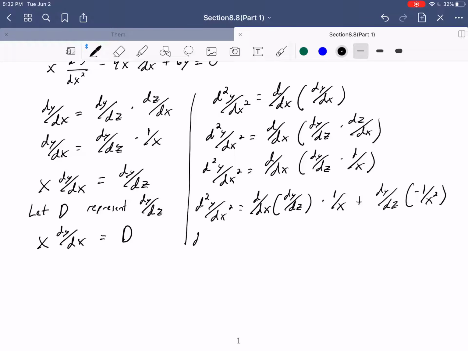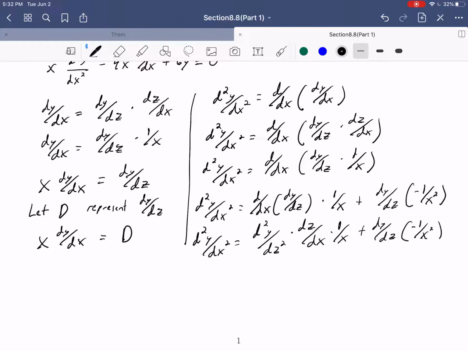So this is actually going to be the second derivative of y with respect to z, doing that derivative with respect to z, and then we get an additional factor of the derivative of z with respect to x. This right here, again, is the chain rule. Then, of course, we have times 1 over x, and then we have plus this dy/dz times negative 1 over x squared.